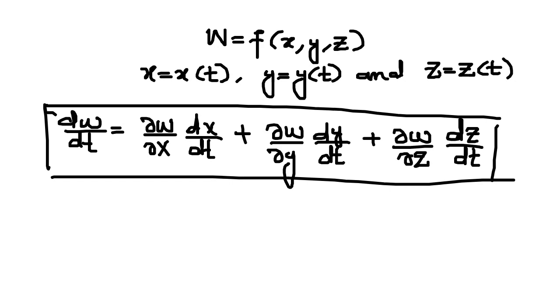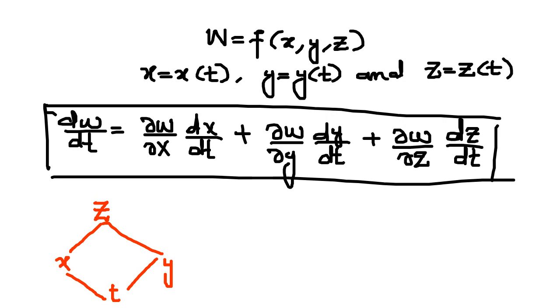And the graph will be like this one. Maybe you know about this one, that if z is a function of x and y, and they are both functions of t, then this is the chain rule.